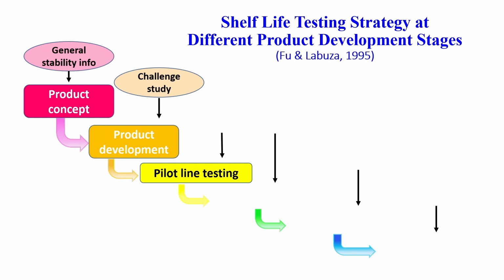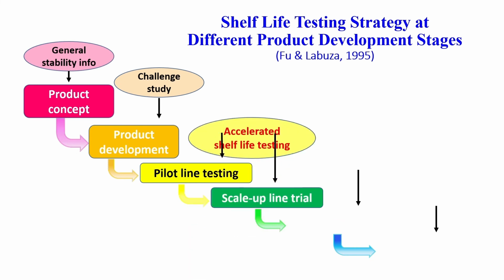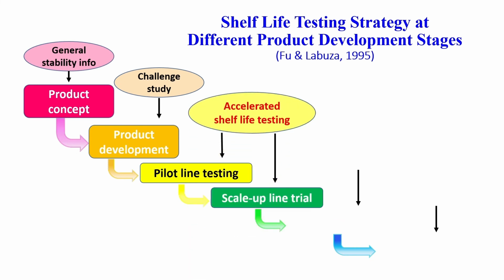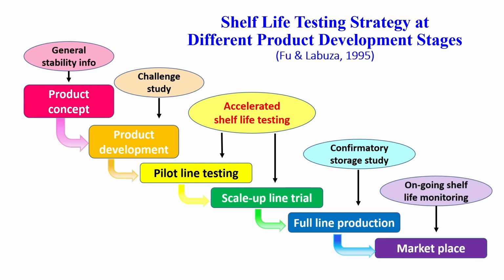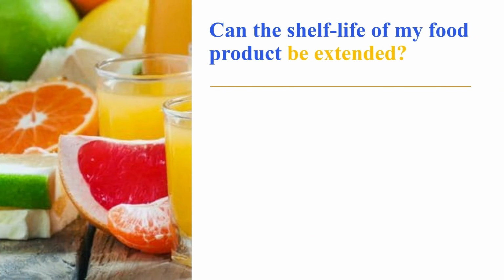Then, in the pilot line testing and the scale-up line trial, the accelerated shelf life testing is in, because we need to get a fast result. We can't wait. Then, during the full line productions, we need to do the confirmatory storage study. And for sure, in the marketplace, we're going to have ongoing shelf life monitoring.